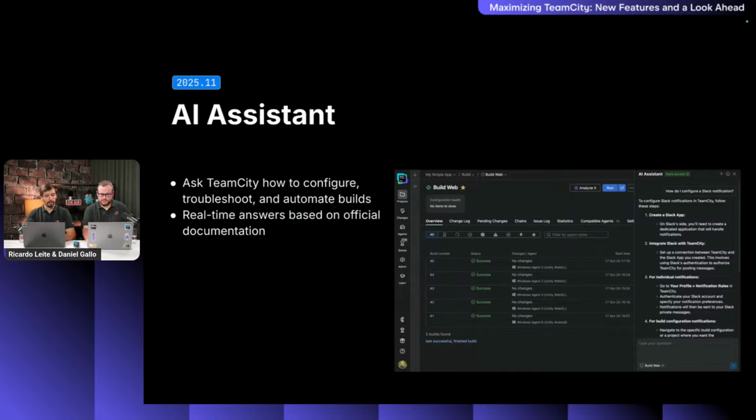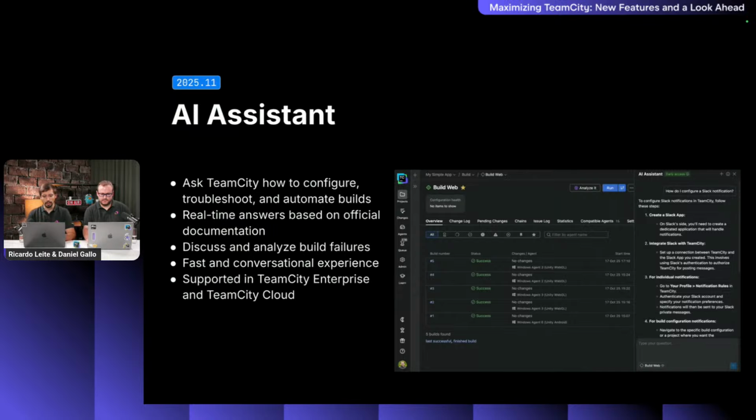It also provides a conversational interface, which is natural, fast conversations. You can just ask follow-up questions, request clarification, or dive deeper into topics. It's like chatting with a TeamCity expert right on your screen. And it's available everywhere, so it works seamlessly in both TeamCity on-premises and cloud environments, and it's powered by the trusted JetBrains AI platform. So over to Daniel just to demo this feature.